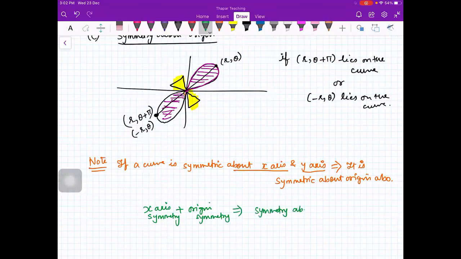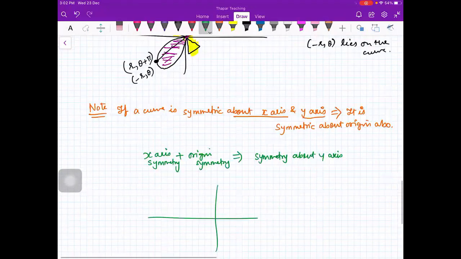Can you see this? Your graph is the same above and below, and also the same in first and third quadrant, second and fourth quadrant. Then obviously the left and right sides are also the same.